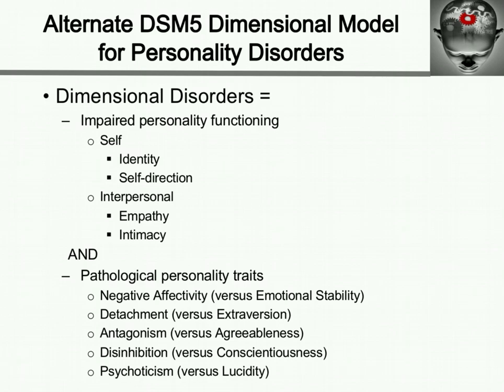And so it could be interfering with their self-identity or their self-direction, their ability to sort of direct their own lives in a functional way. You can also have an impairment that is interpersonal, so an impairment related to other people. And so that could result in a lack of empathy for others or difficulty with intimate, close relationships with others.